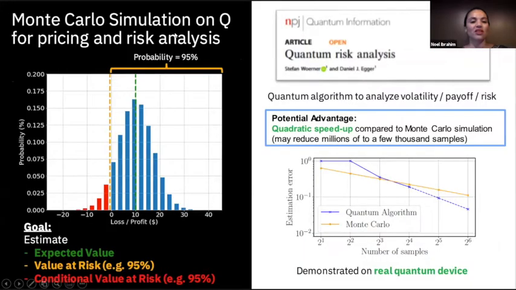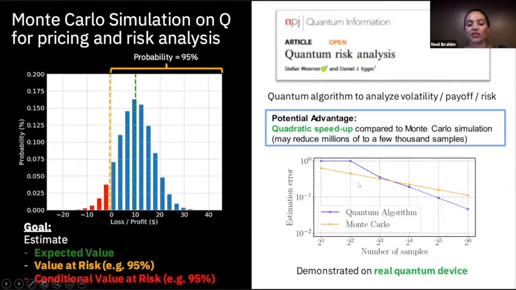Here we see an illustration of the application of quantum amplitude estimation to value at risk. The most interesting thing on this page is to look at the acceleration of the training for the quantum algorithm as compared to the classical algorithm.